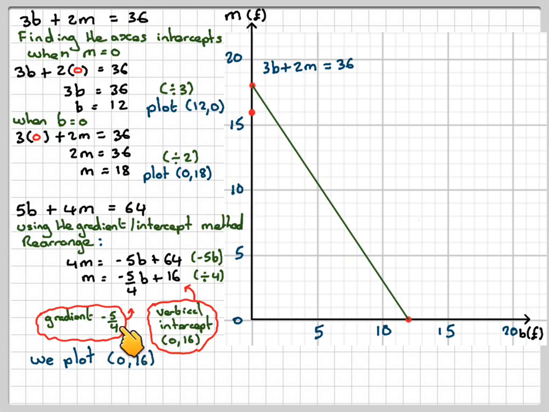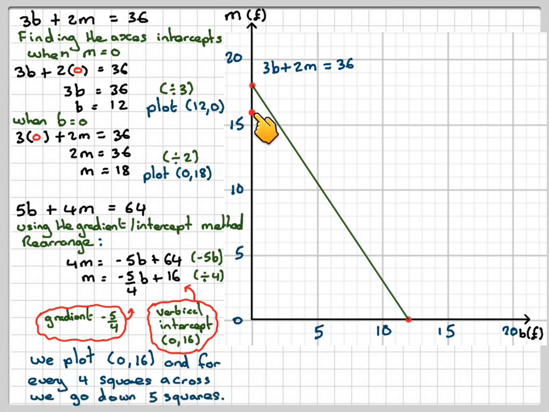And what does the gradient of minus 5 over 4 mean? Well, that means for every 4 squares across, we go down 5 squares. So start at that point, go across 1, 2, 3, 4, and then down 1, 2, 3, 4, 5. And then plot the next point, which is there, and then carry on.